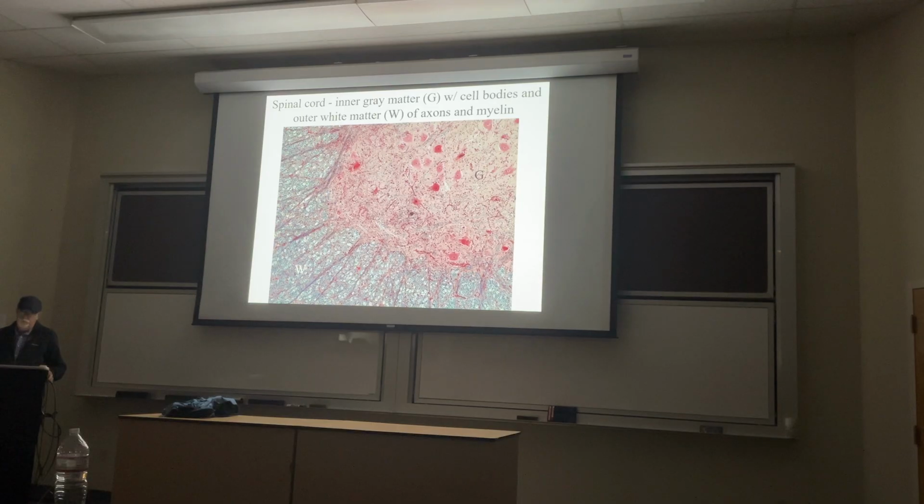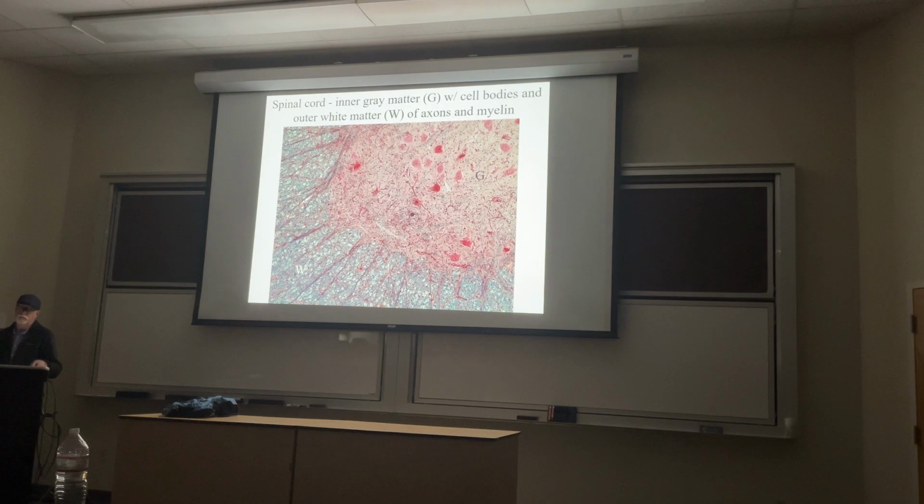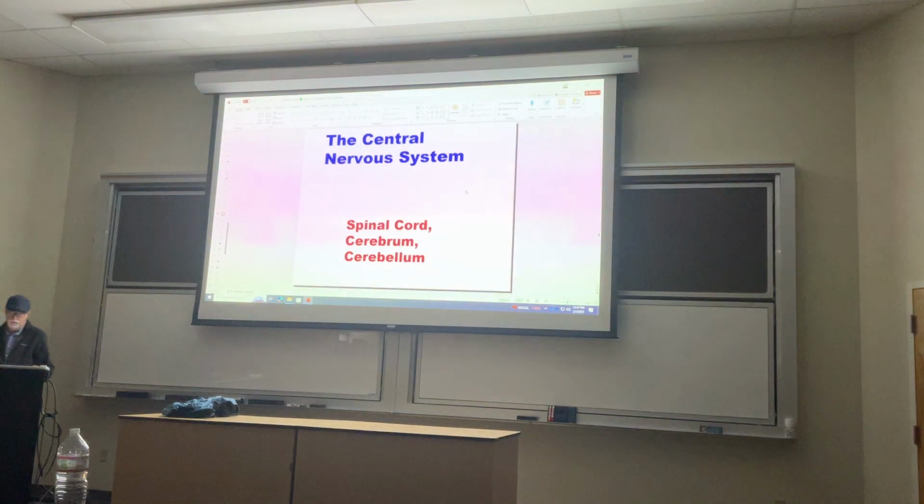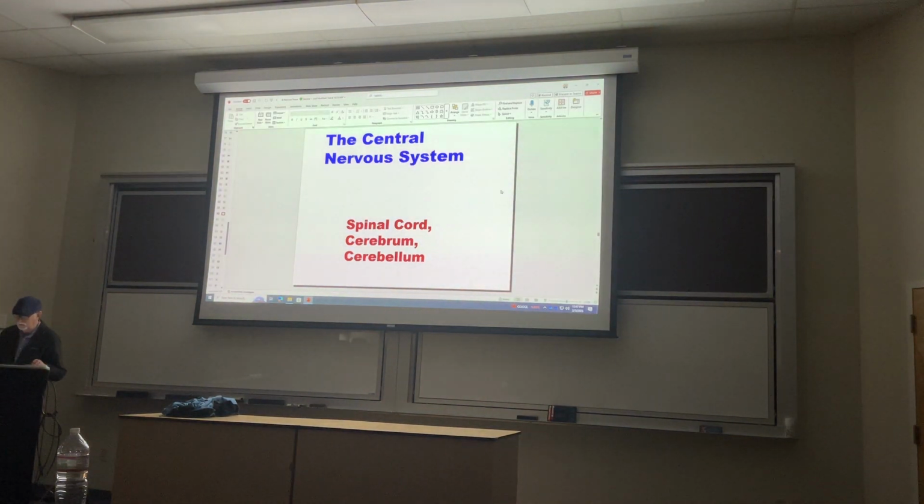Now, if we stain with osmium stain, it would really highlight the myelin, and the axon would look white, like it's not even there. The W here stands for white matter, by the way, and the G for gray matter. So that's basically what we're seeing there.